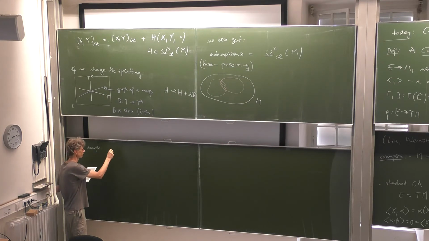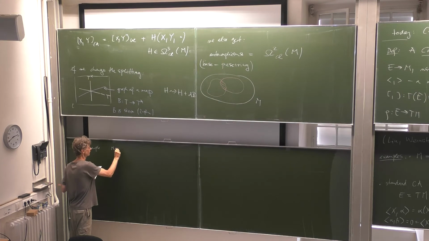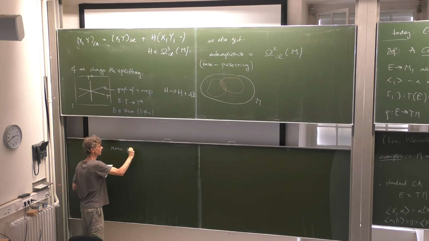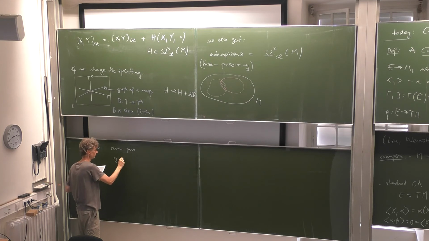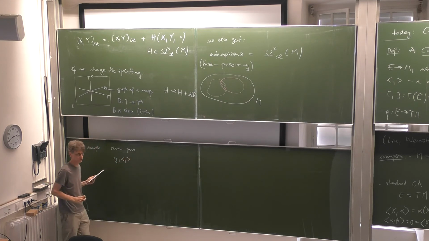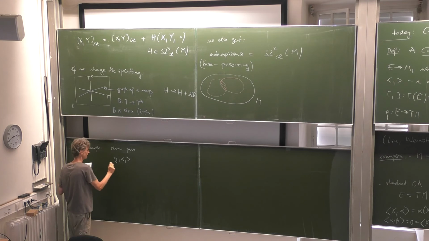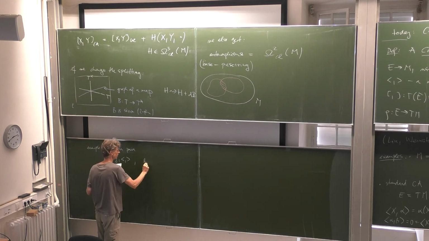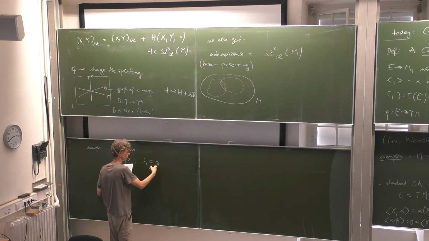So let us take what is called a Manin pair. We take a Lie algebra G with a non-degenerate invariant pairing, and then inside of G, we take some h, which is a Lagrangian Lie subalgebra.